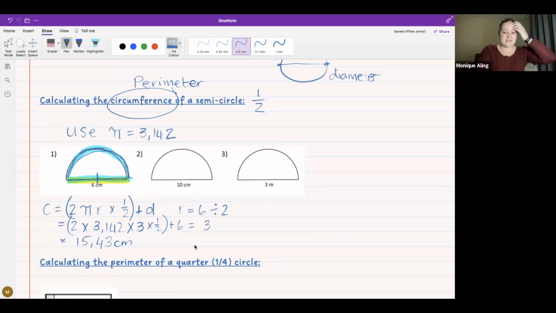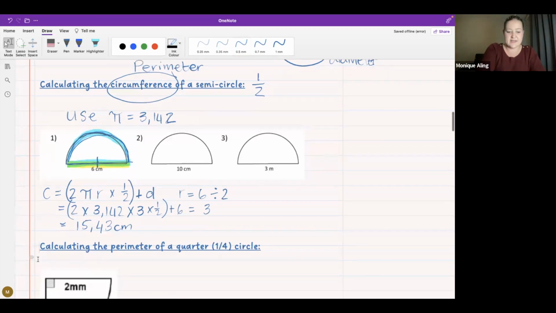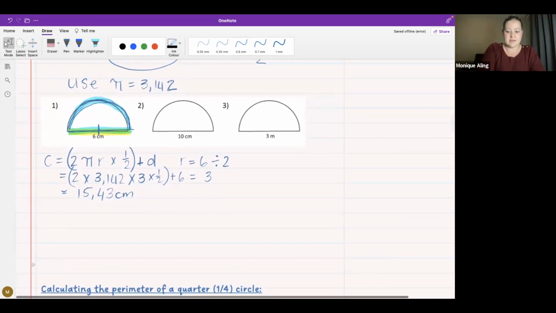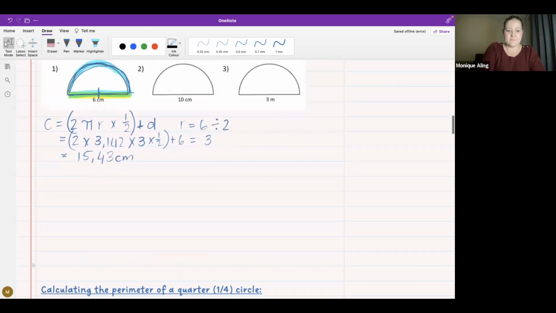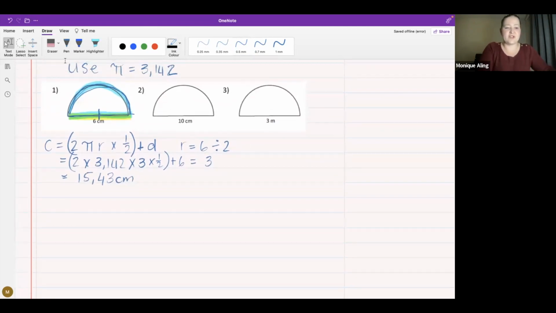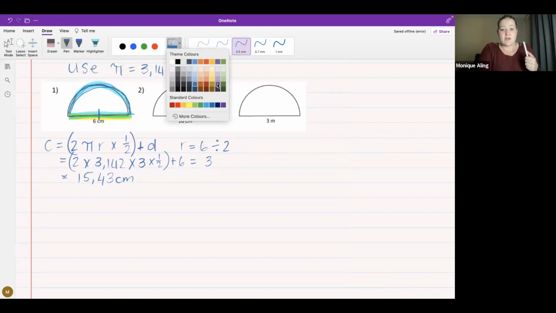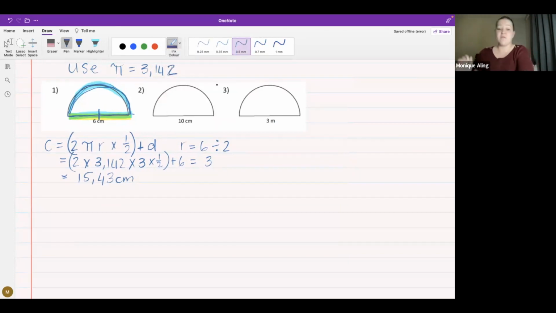Okay, so I've seen that I need to explain again quickly. I'm just going to create space here. Okay, so for those of you that are still struggling, our normal formula to work out the circumference of a full circle is circumference is equal to 2 pi r.